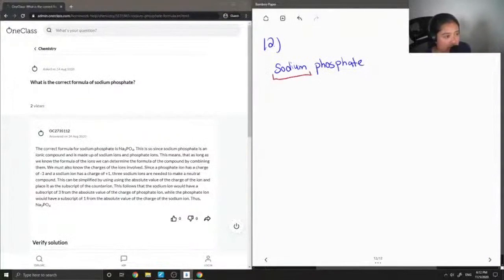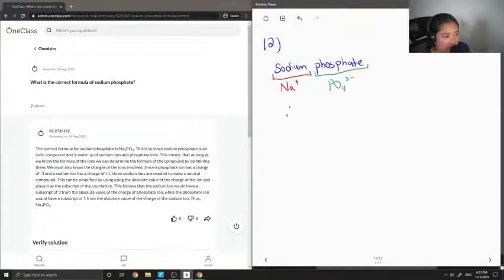So for sodium, it is Na+, and phosphate is an example of a polyatomic ion, and its structure is PO4, and it has a 3- charge.